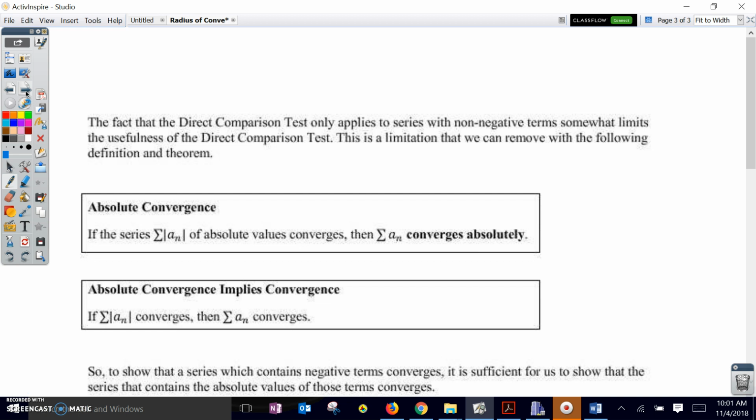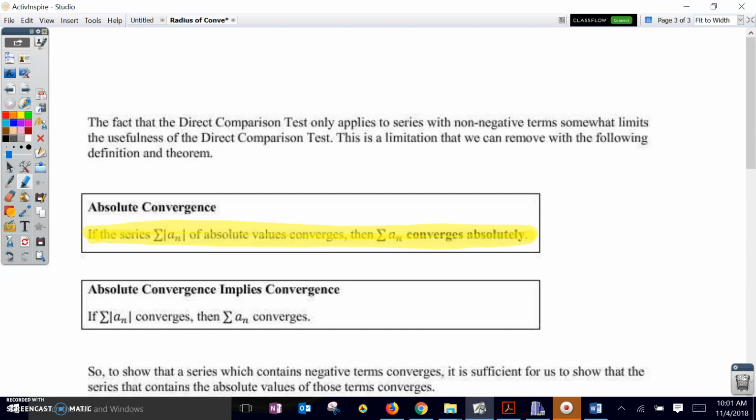But we can use the concept of absolute convergence: if a series of absolute values converges, that tells you that the series without the absolute value converges absolutely. And furthermore, if the sum of the absolute value of a series converges, that means that the series itself converges.